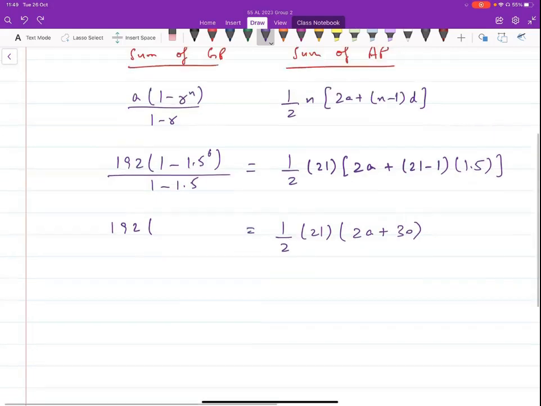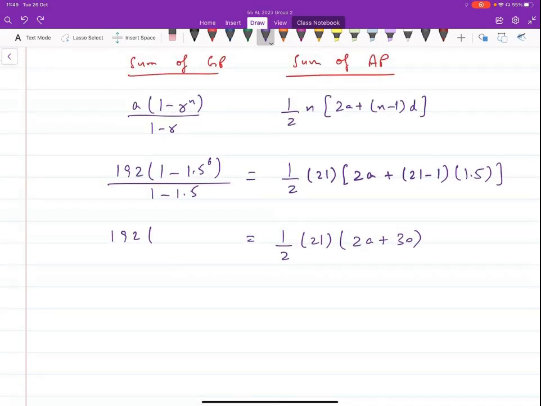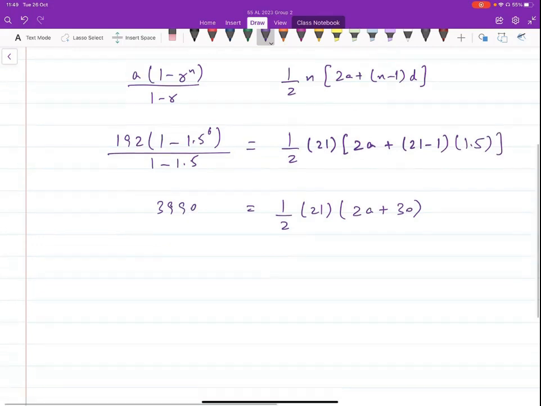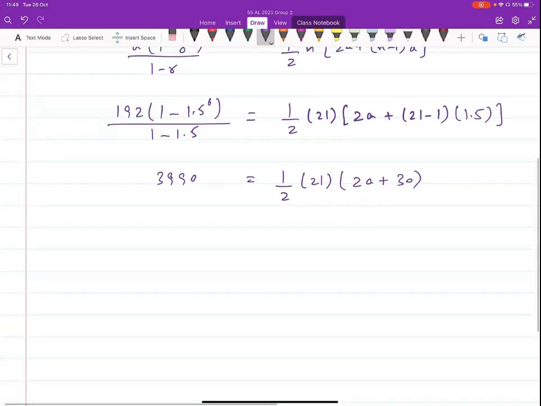No, sir. Sir, it's total 3990. 3990. Is that correct? Yes, sir. Okay, so now on the right side, the 2 will be common and divide out.